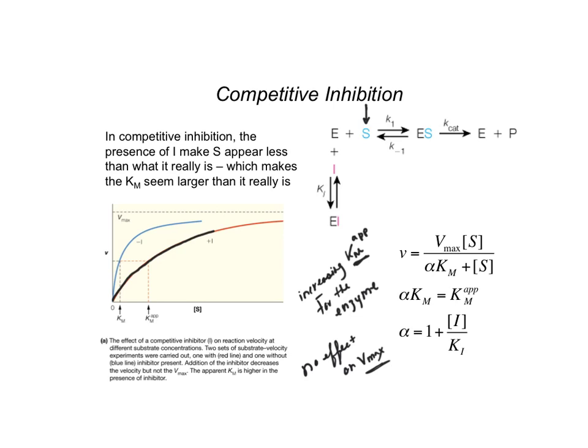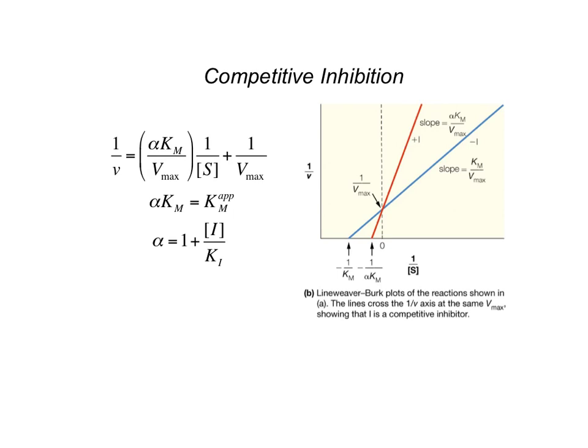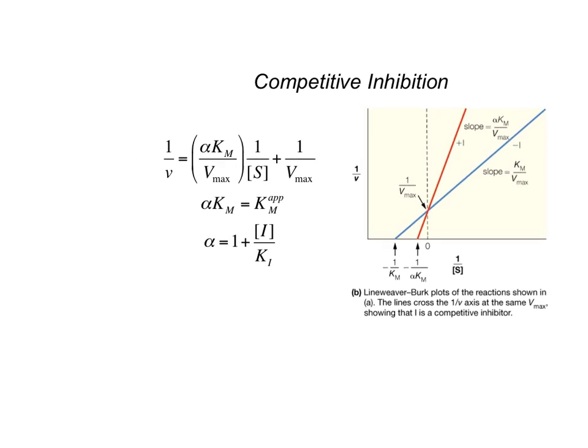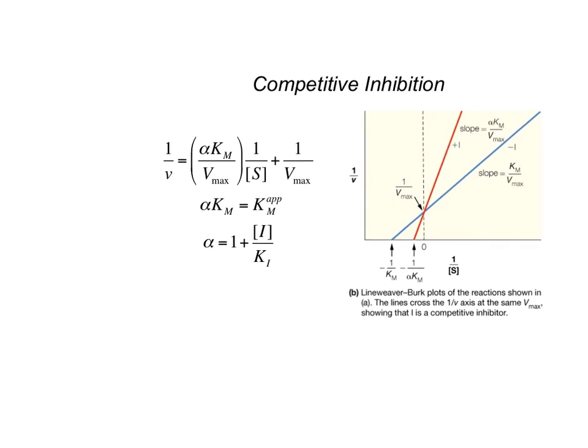So what we see in competitive inhibition is that something has happened. I think I lost the slide somewhere. There. Inhibition makes itself very well known if you take the Lineweaver-Burk plot in the presence and the absence of the inhibitor, right? So in the absence of inhibitor, we have our nice normal Lineweaver-Burk plot.